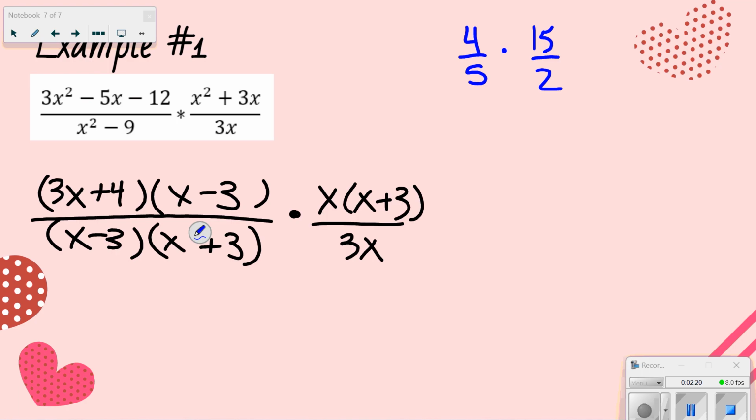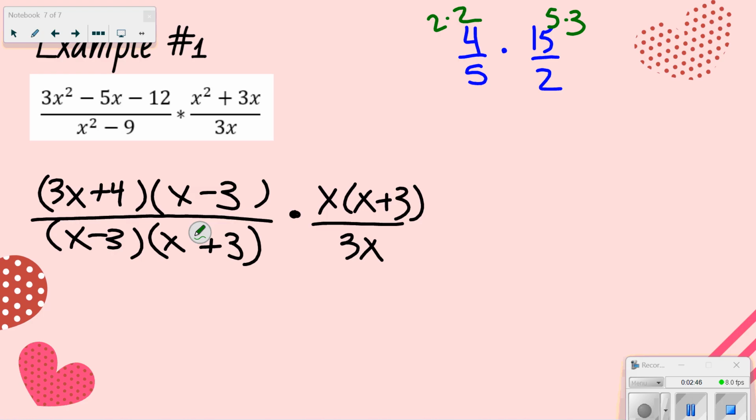So think about if we were to do that here, that would get kind of crazy. Multiplying all of this numerator times all of this numerator, all of this denominator times all of this denominator. What's going to be much easier is if you break 4 down into 2 times 2, and 15 into 5 times 3, because 5 and 2 you can't break down anymore because they're prime.